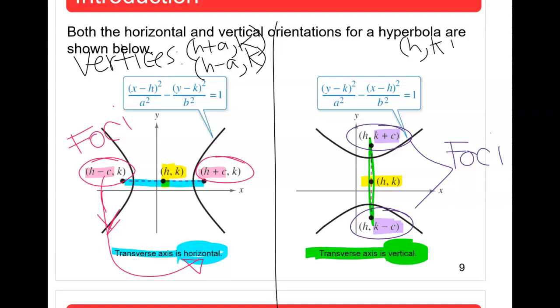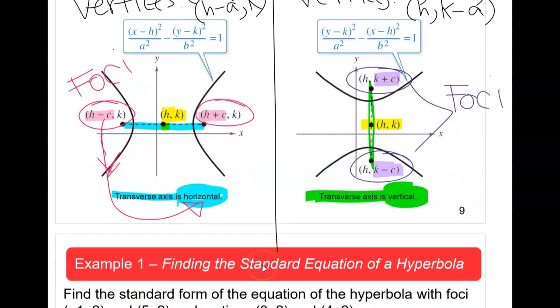So it will be k plus a and k minus a. And this is to find vertices as well. So I promise you, if you have all of this written and nicely organized, you will be able to work the exam. Well, I don't know. I shouldn't promise that.